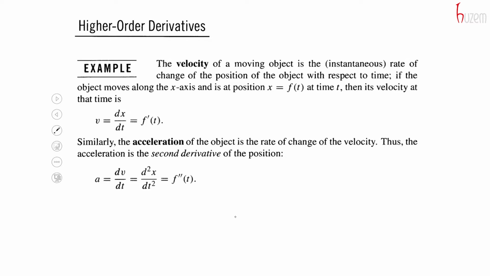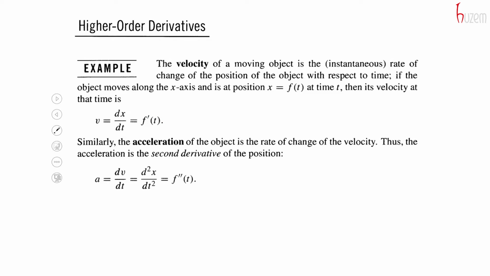Okay, let's come back to the velocity, which is the derivative of a function f. So we have a moving object, and its velocity, as I told you before, is the instantaneous rate of change of the position of this object with respect to time. If the object moves along the x-axis and is at the position x equals f(t) at time t, then the velocity will be the derivative of f(t) with respect to t.